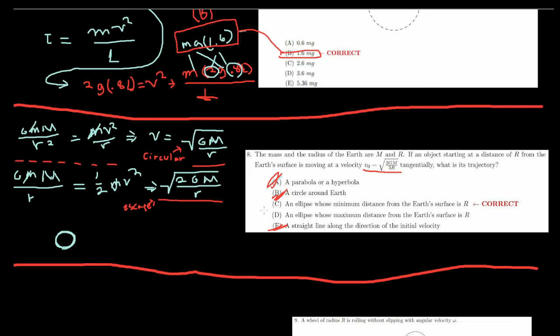So let's assume that it's an ellipse where the maximum distance from the Earth's surface is r. Well, if that's so, then essentially we have our object starting here and then going with v0, and it might go across and then slowly come back.